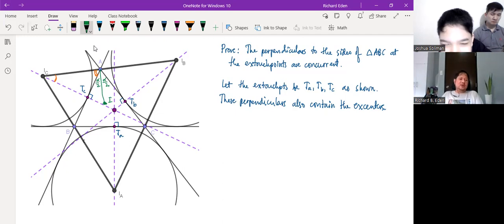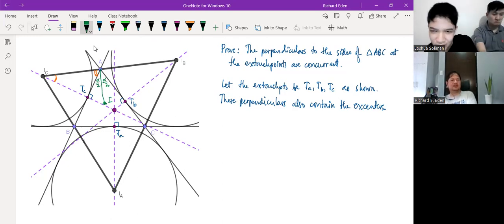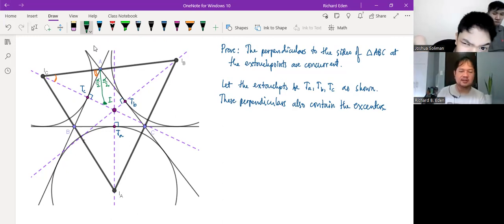So there is only one ellipse that contains T sub A, T sub B, and T sub C. The ellipse isn't necessarily a circle, no? Is this ellipse tangent to the triangle ABC or not? It is. It's not necessarily the incircle because the X touch points are not necessarily the in touch points.